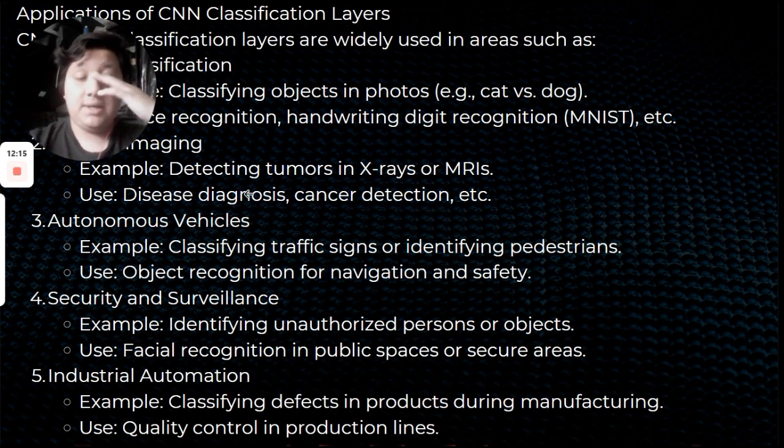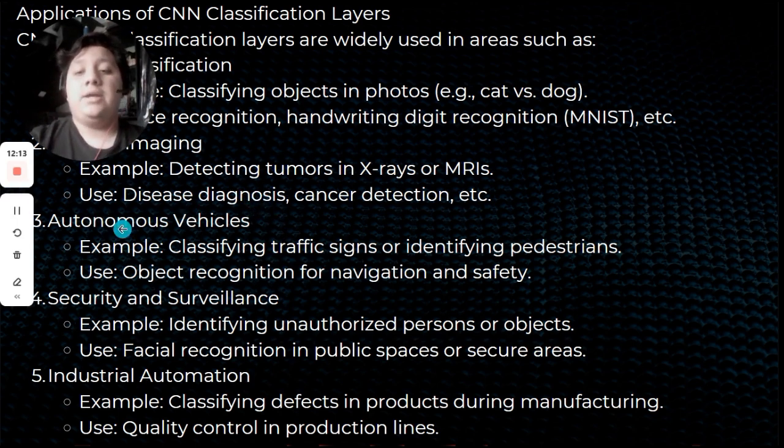Another is autonomous vehicles. One of the examples is classifying traffic signs or identifying pedestrians.